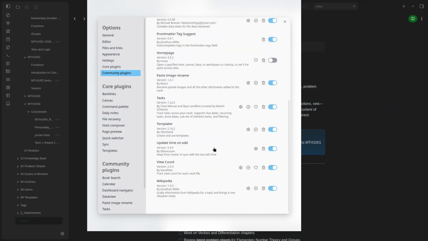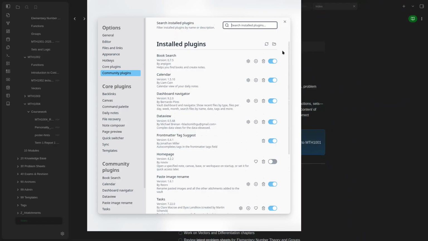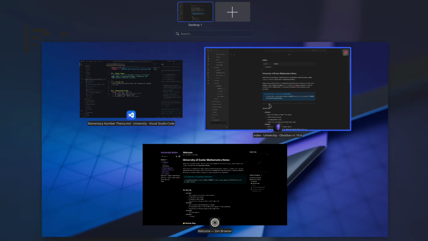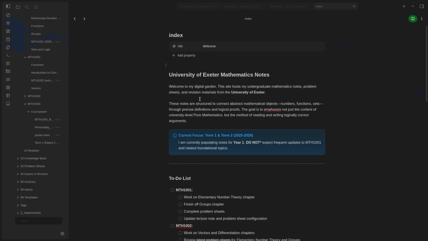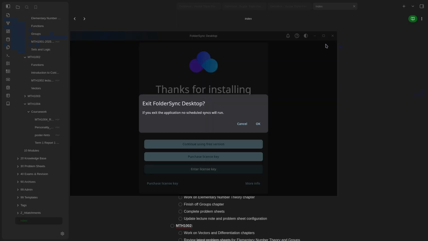Templater maybe. Oh no, I'm no longer using it. I just remembered. I'm using Folder Sync, which I hope opens eventually. It's not opening. Okay, anyways, the point is, no, I don't want two tabs.